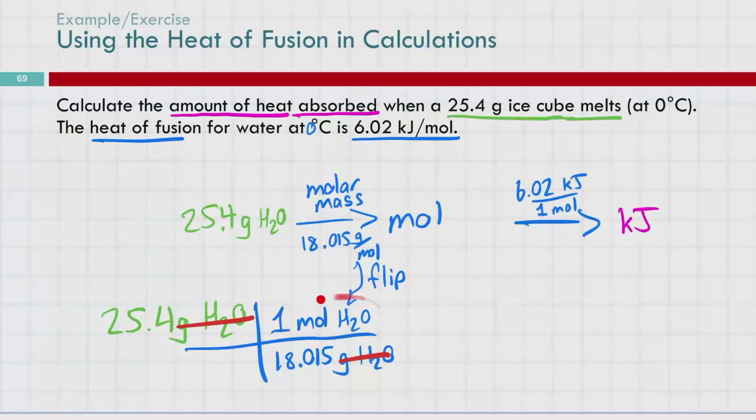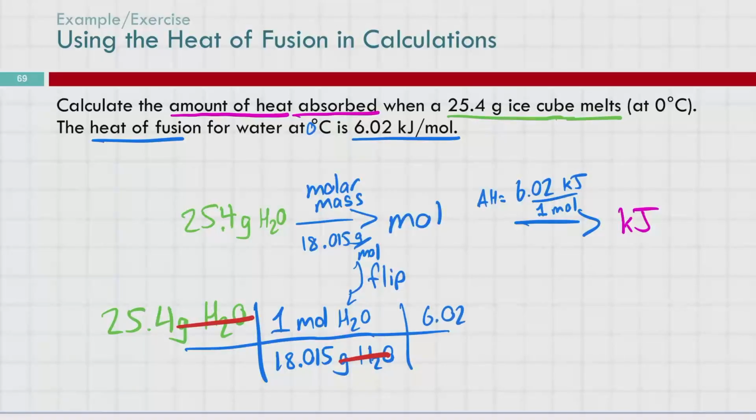Now we've got units of moles H2O. We've got moles on the bottom in our delta H. So if we multiply by our delta H, the moles will stay on the bottom, and that'll cancel out with the moles that we have. The kilojoules will come out.